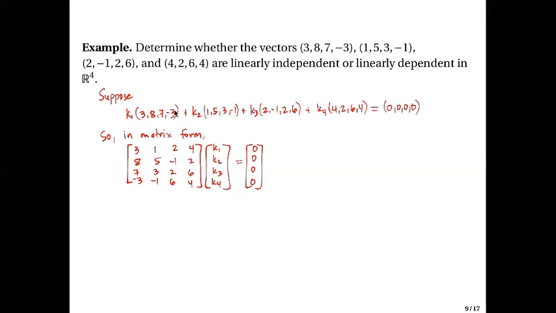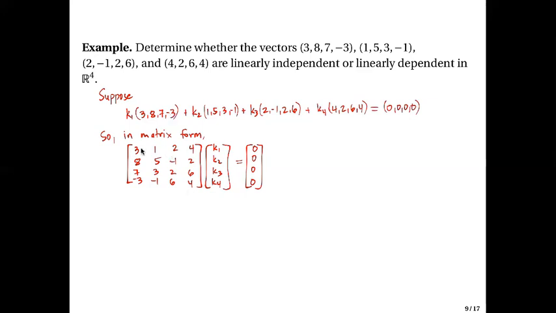So take note, although this vector is written horizontally, when we transform this into a matrix equation, these vectors written horizontally are now written vertically. Okay? So take note, k1 is being multiplied to the components 3, 8, 7, and -3.